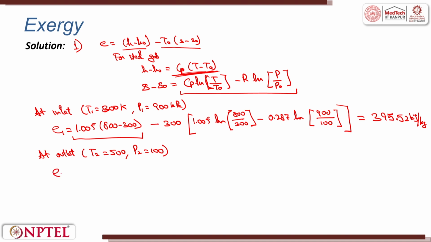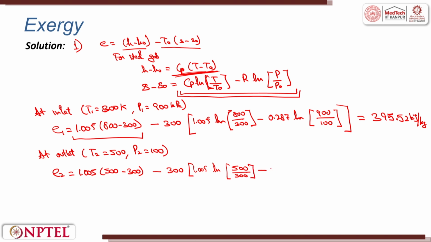E2 is 1.005 into 500 minus the dead state 300, minus T naught, which is 300 Kelvin, times the same complete relationship: Cp 1.005 into the log of 500 by 300, minus R, 0.287, times the natural log of the ratio of the pressures, which is 100 each.